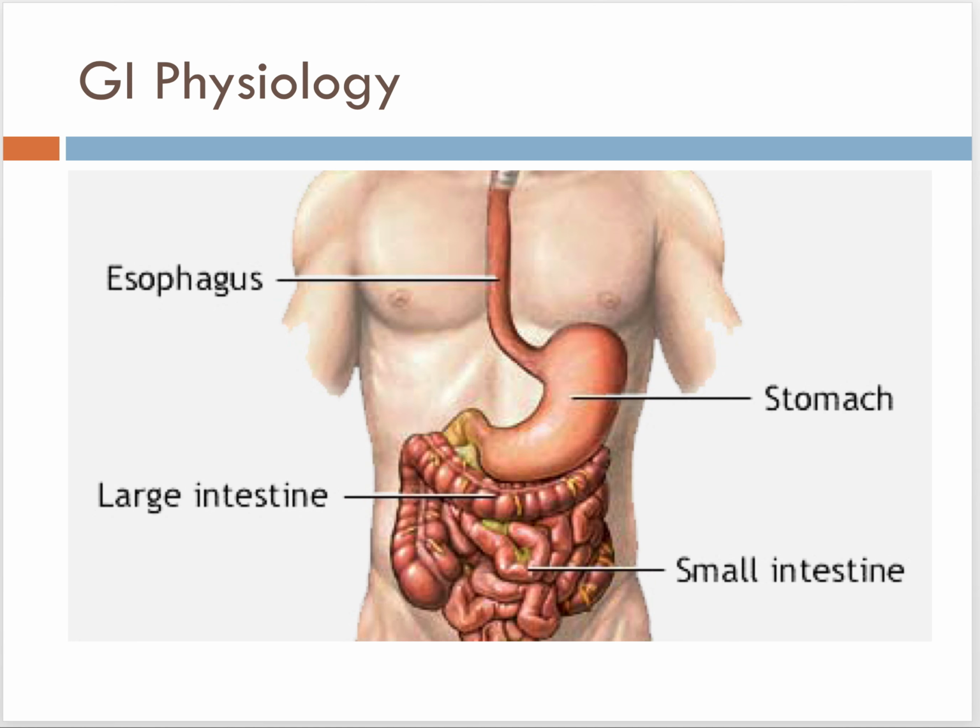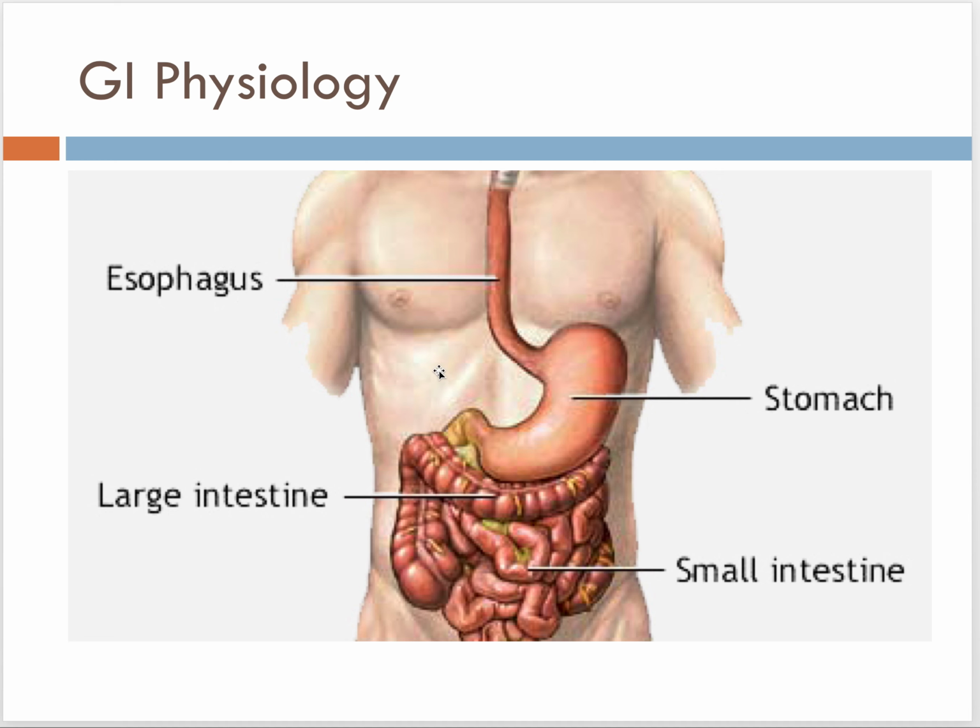Okay, so moving on, we are just at general GI physiology, and in this picture we have the main muscles and associated organs involved with movement through the gastrointestinal tract. So we will start up in the mouth, but the mouth and swallowing will eventually lead to the esophagus.